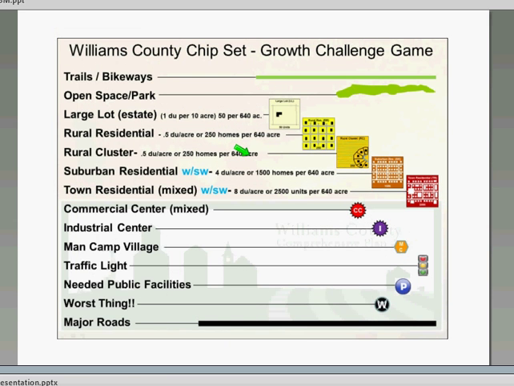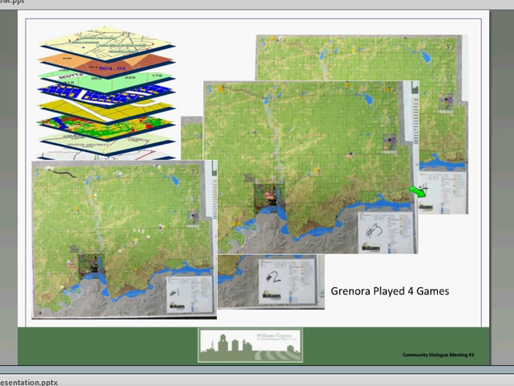Here was the chip set used. Literally, each of these little squares was a mile in size and fit the map. So you could use 10-acre lots or 5-acre lots or clusters, kind of a suburban development, or even urban kinds of density, as they played the game.